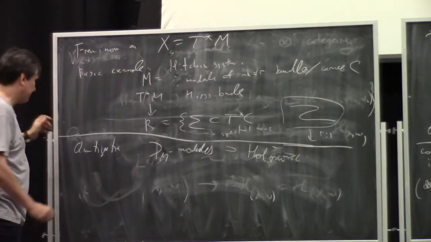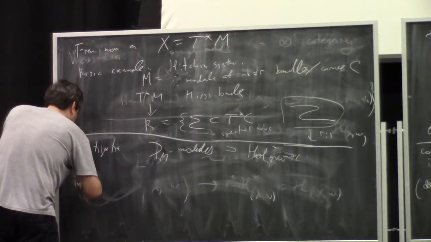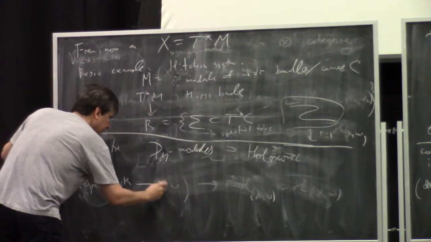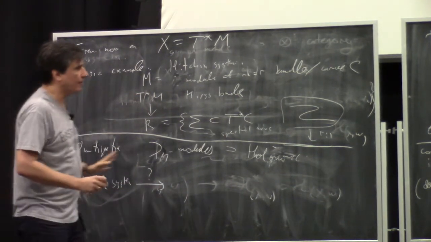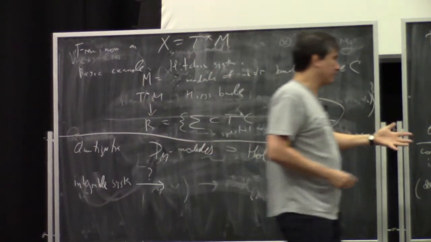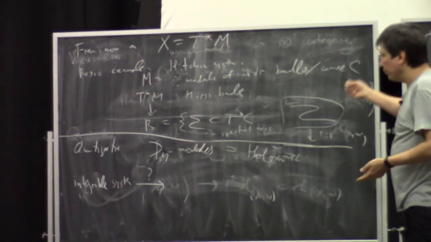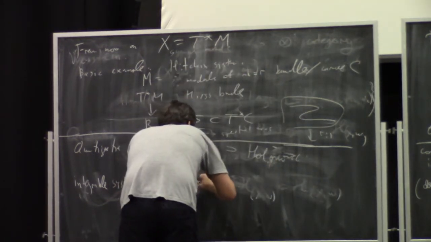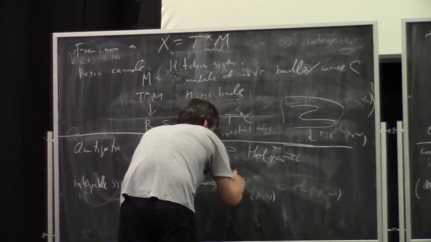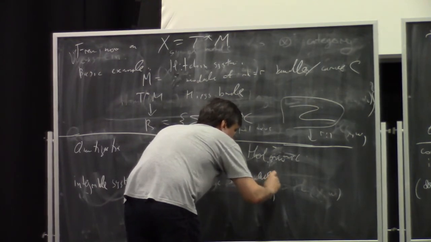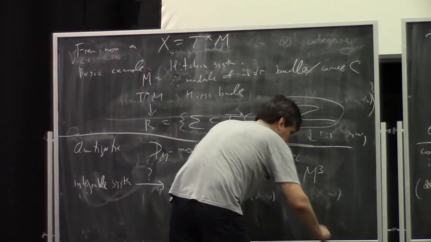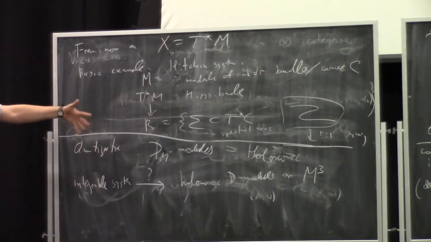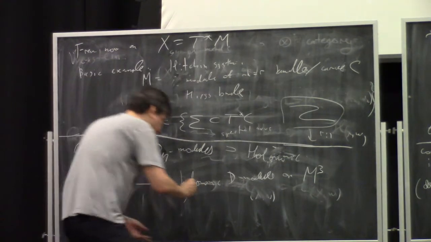We conclude the structure of an integrable system should give a certain remarkable object, not a Lagrangian manifold, but a D-module on M cubed: a holonomic D-module on M cubed. And this D-module will be this multiplication kernel from the title of my talk.